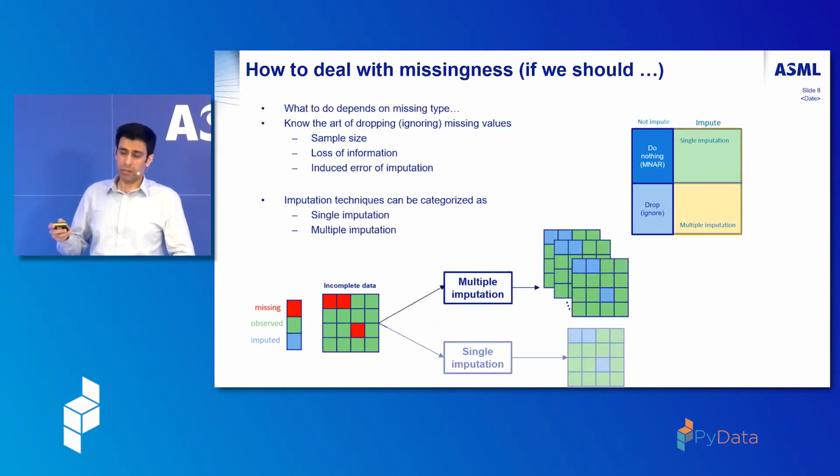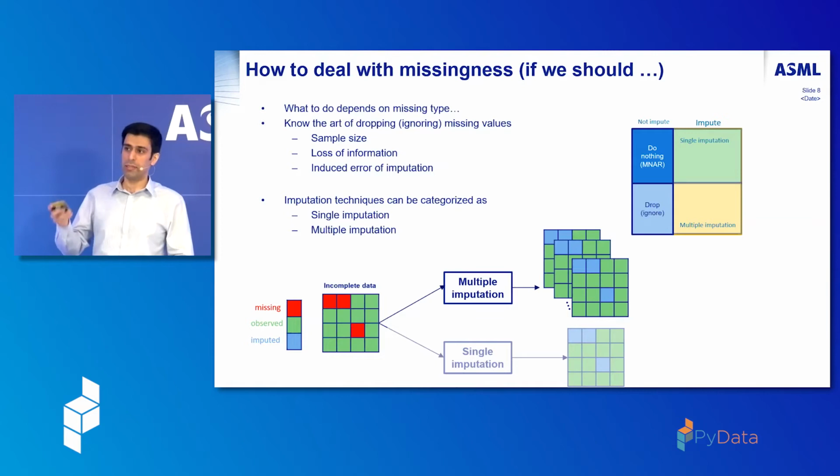Multiple imputation does that multiple times. So simply, instead of having one imputed version of the data, we have multiple imputed versions. And this is actually to account for the uncertainty of our guess or estimate for the missing values.